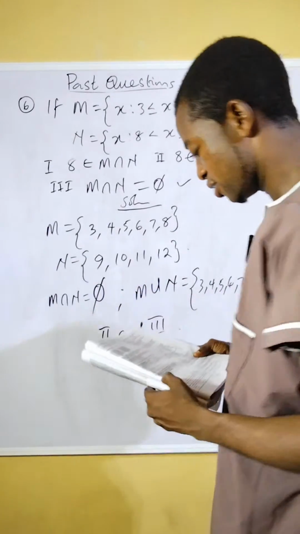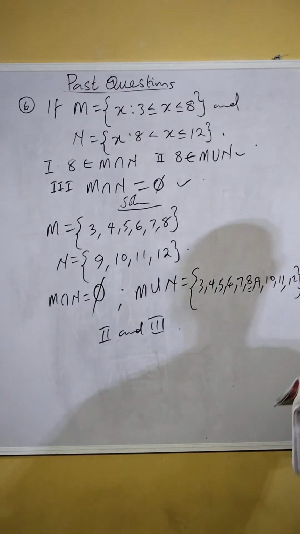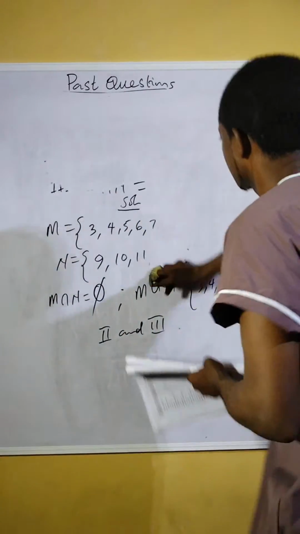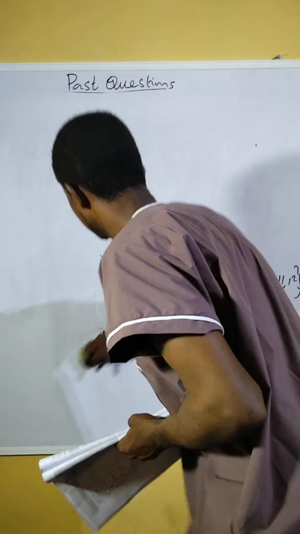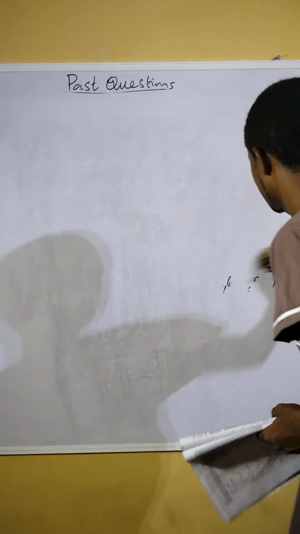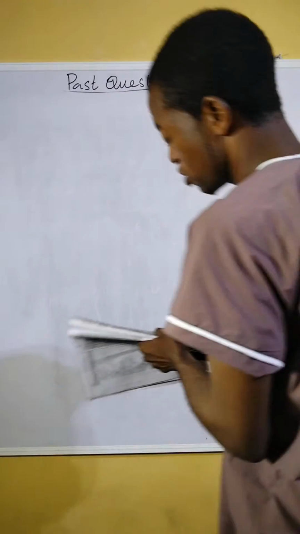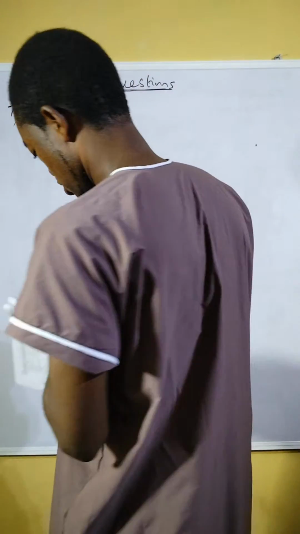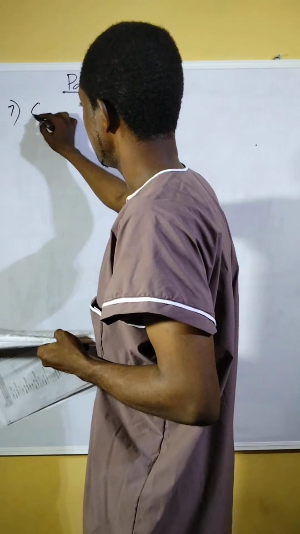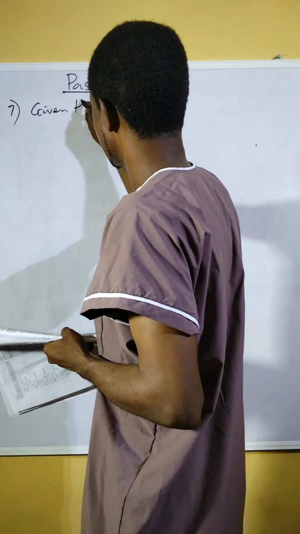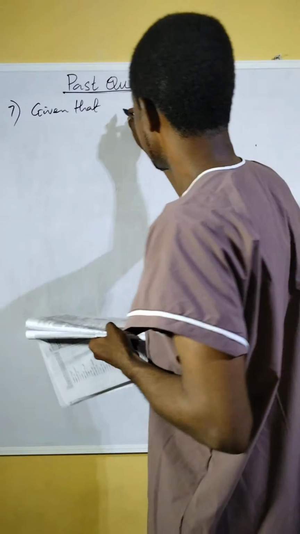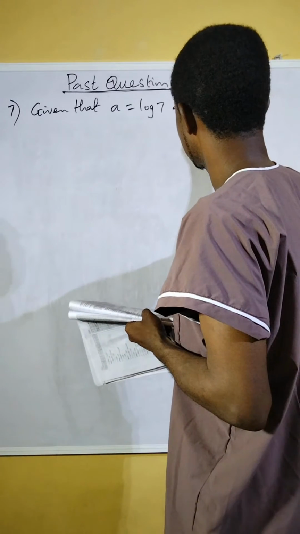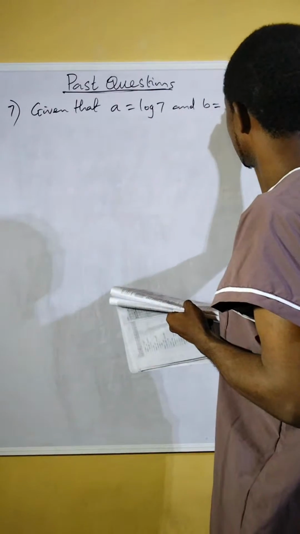Now let's look at the next question here, which is number 7. For this particular question, number 7, we have, given that, a equals to log 7 and b equals to log 2.